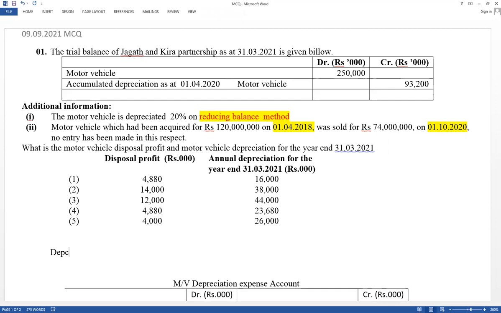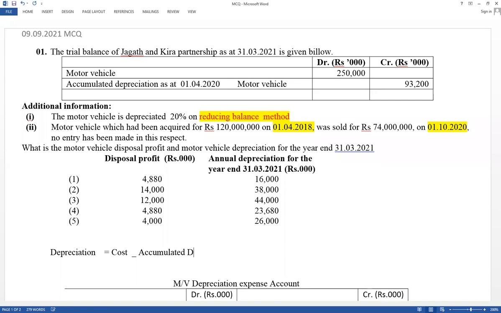Depreciation equals cost minus accumulated depreciation, very important, try to understand this.